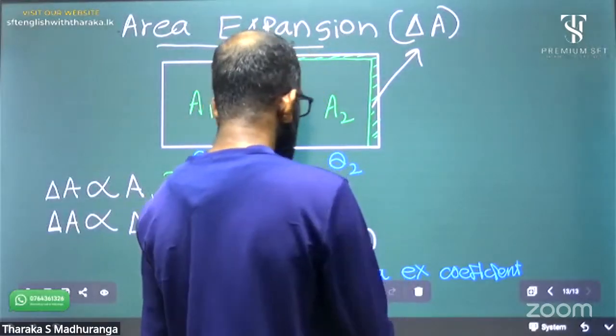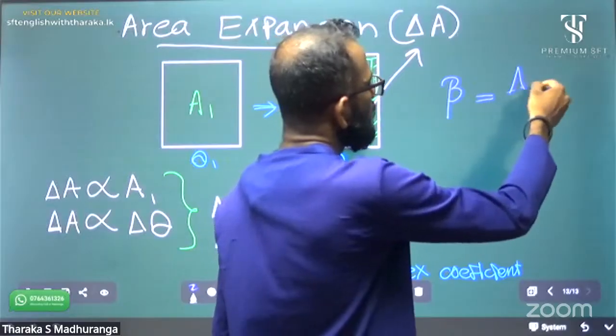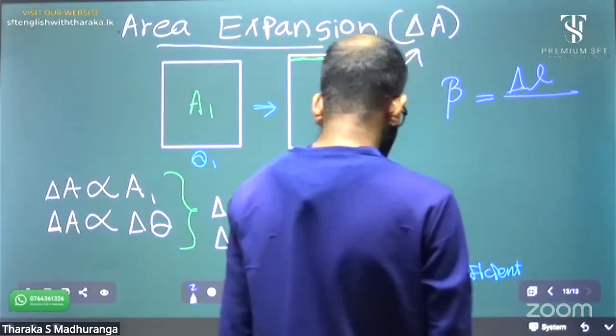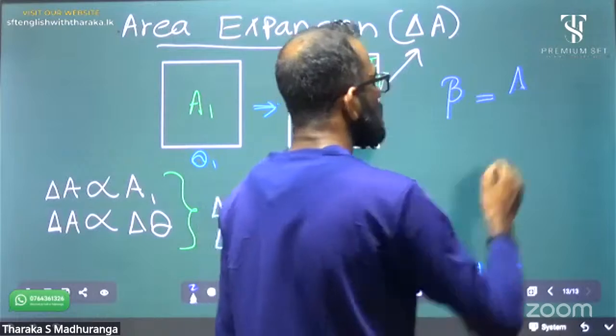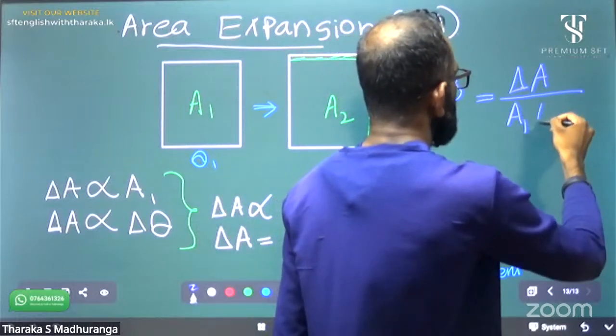Now I need the definition of beta. Beta equals delta A over A1 delta theta.